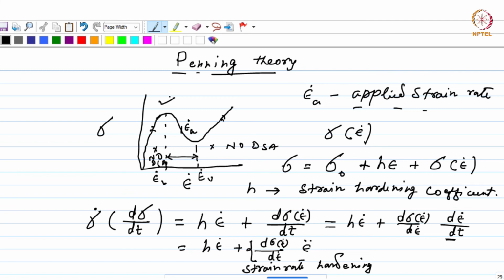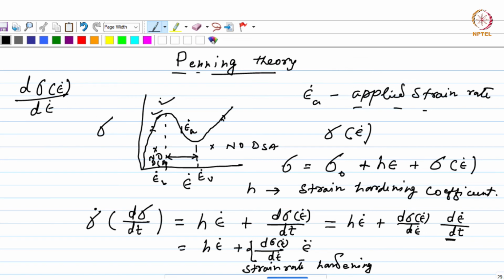So that means we are talking about the change of the stress with respect to the strain rate, or the slope of this particular curve.